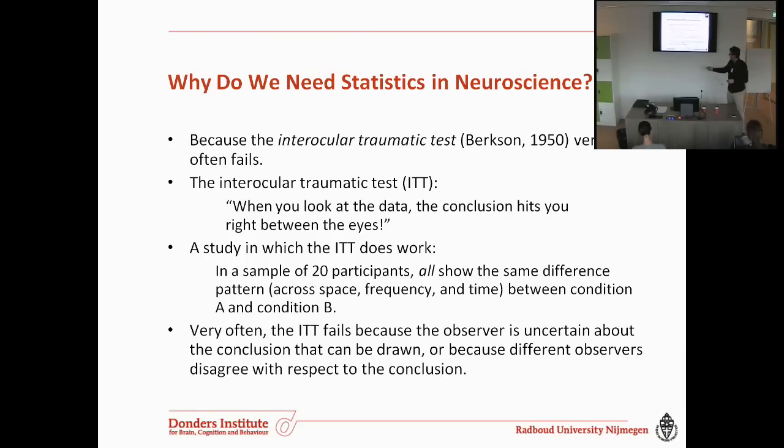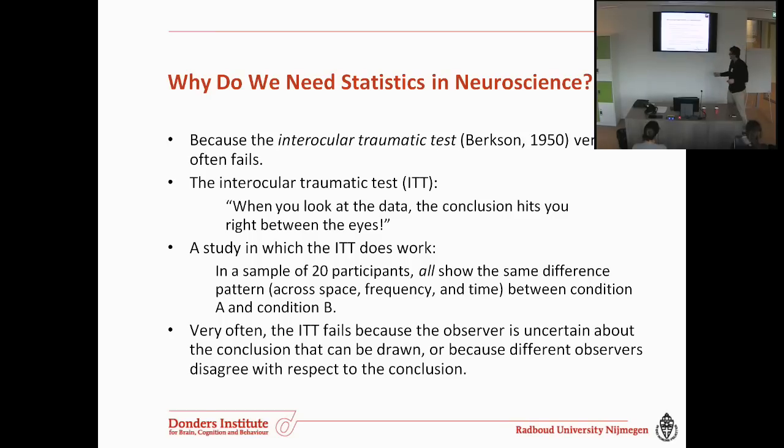Now, as said, the interocular traumatic test very often fails because either the observer is uncertain about the conclusion that can be drawn, so you as a scientist looking at your data for the first time, you don't know how to make sense of it, whether there is a real pattern or a real difference between the two conditions or not. Or, that's also very likely, different observers looking at the same data pattern disagree with respect to the conclusion.